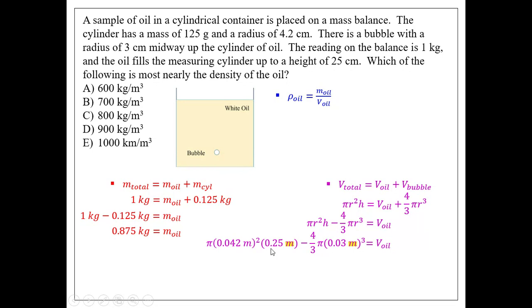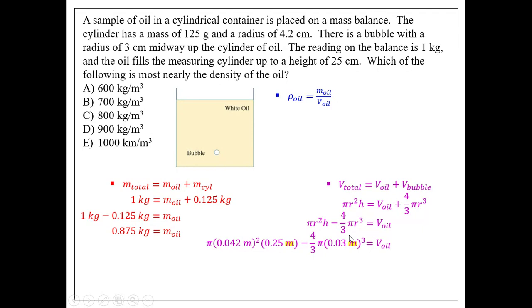And then the height of the oil here, it reached a height of 25 meters. Or excuse me, 0.25 meters. And then the second term here is 4/3 pi r cubed, because it's now volume. Okay, so this is a sphere.